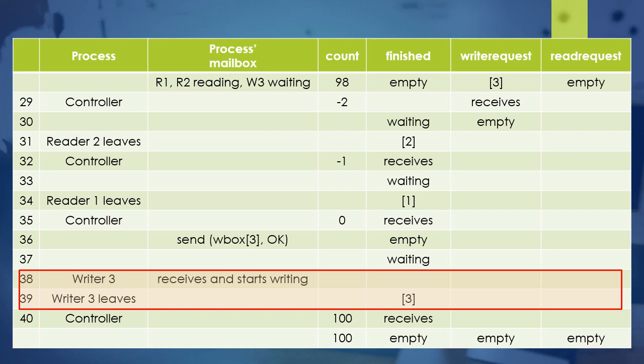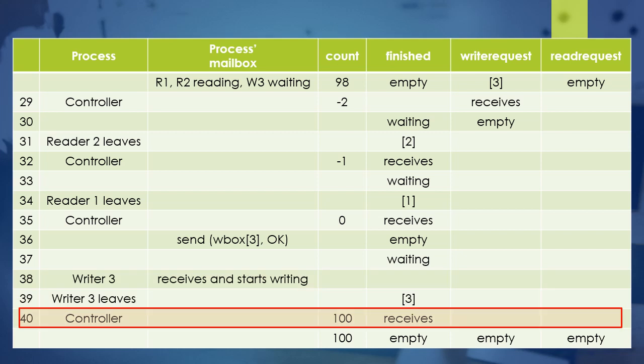Writer 3 receives the controller's OK message and starts writing on the file. Writer 3 completes writing. It puts its ID in a message and sends it to the finished mailbox. All this time, the controller had been blocked.